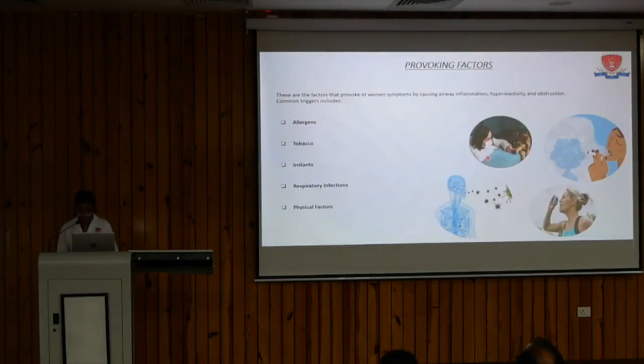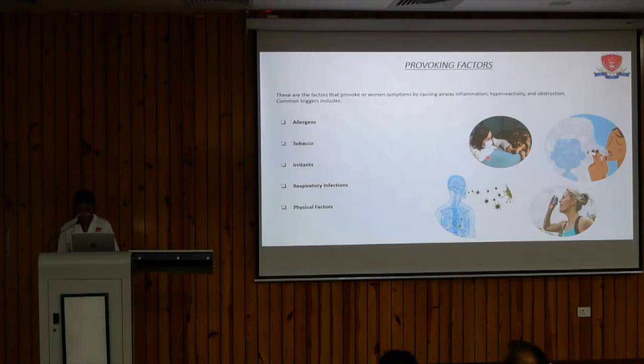Provoking factors are factors that worsen symptoms by causing airway inflammation, hyperactivity, and obstruction. Common triggers include allergens, that can be indoor allergens like dust mites, pet dander, etc., and outdoor allergens like pollen and fungal spores. Irritants include tobacco smoke, strong odors of perfume, air pollution, and chemical irritants.